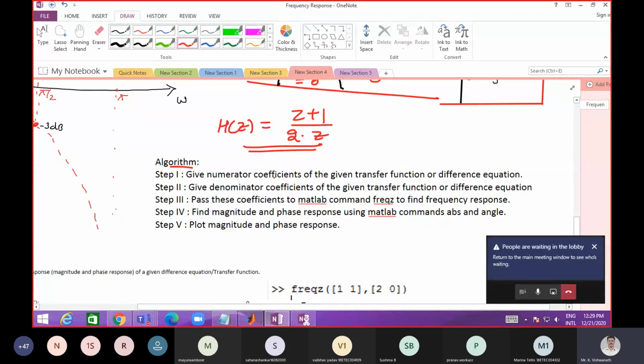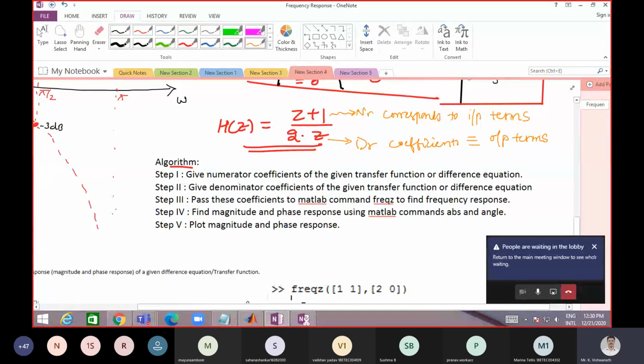So give the numerator coefficients; these correspond to input terms, and the denominator coefficients correspond to the output terms.